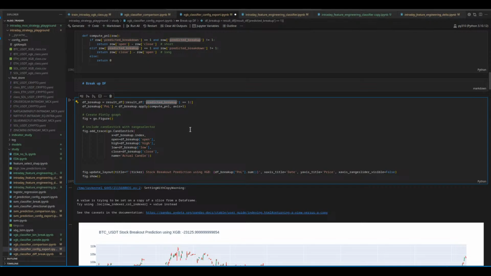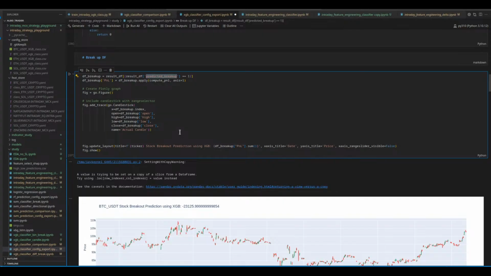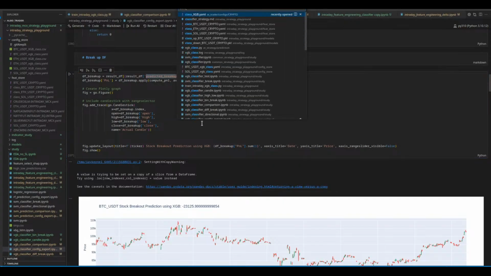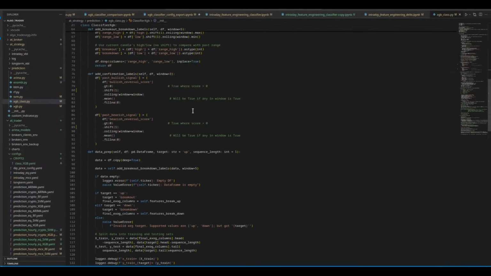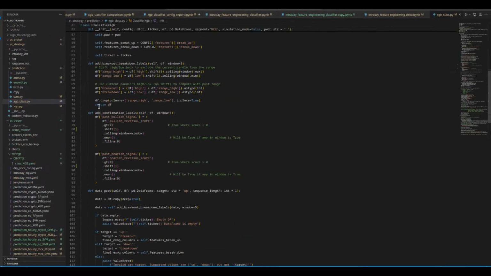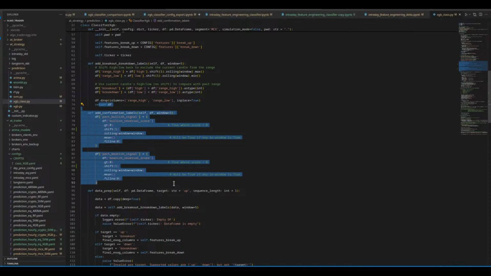And there's one more compute, predicted breakup, predicted breakdown. Along with this, when XGB, let me open my model quickly. Yeah. So I'm also adding a confirmation over here.